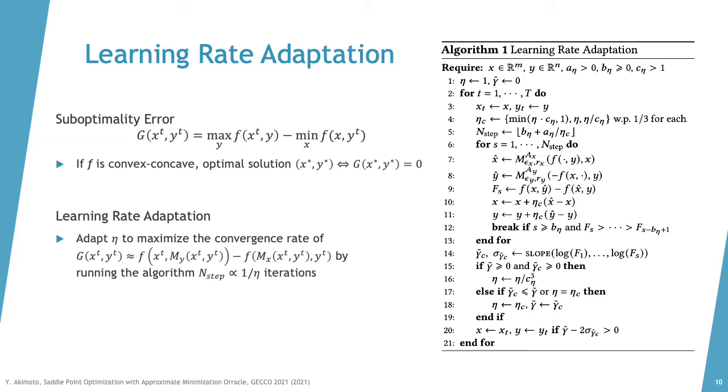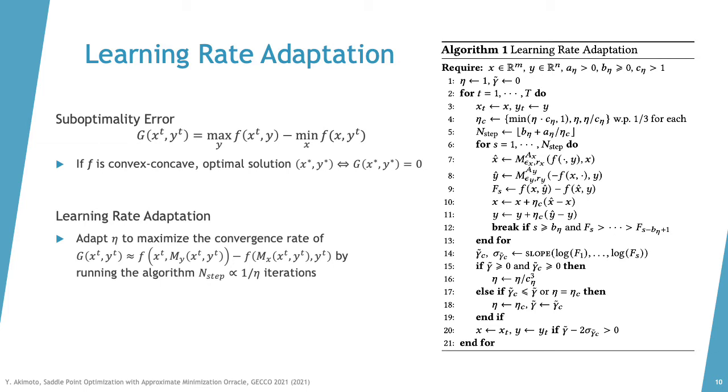Instead, we define a so-called suboptimality error. It is the difference between the worst-case objective function value under the current xt and the best-case objective function value under the current yt.